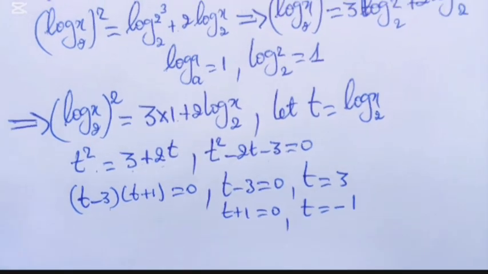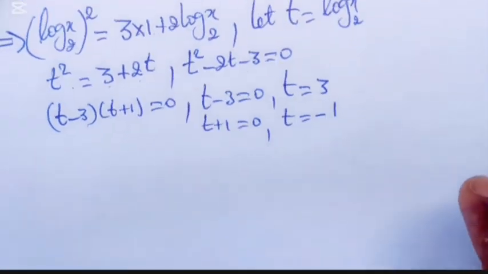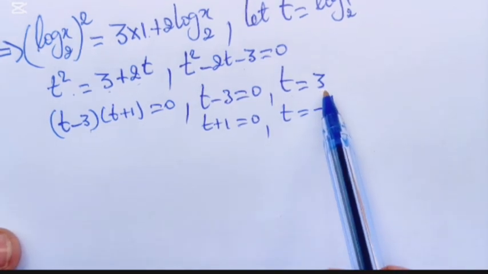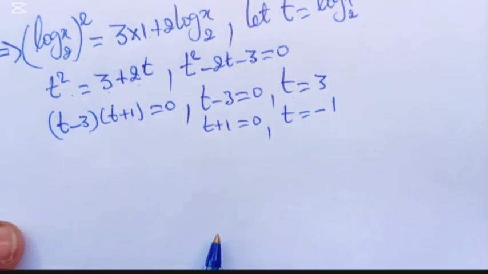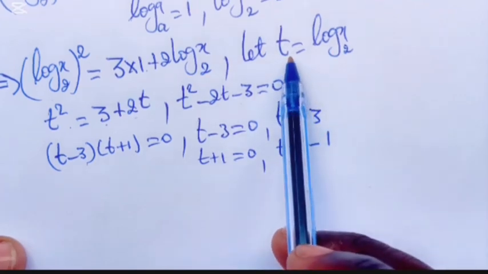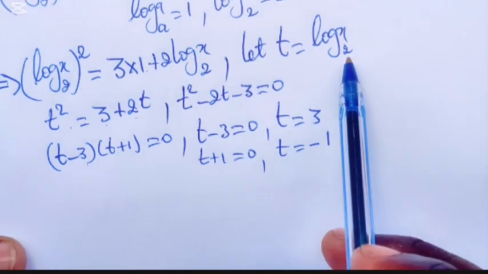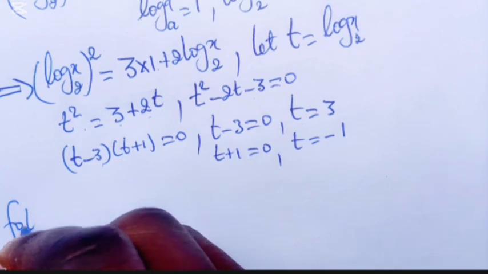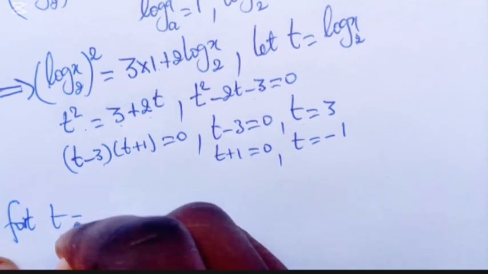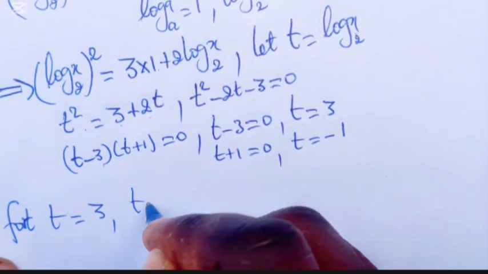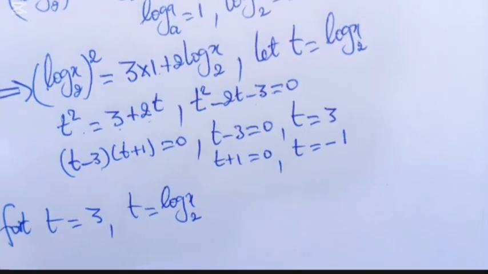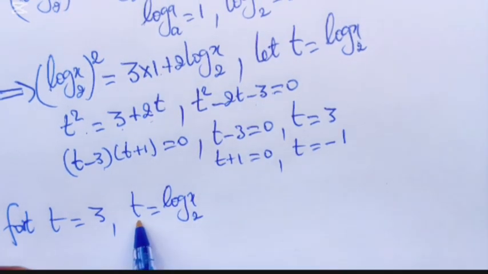The next thing we are going to do, guys, is to replace t by its value. We first assumed that t is log x base 2. For t which is 3, we take 3 here to replace t.